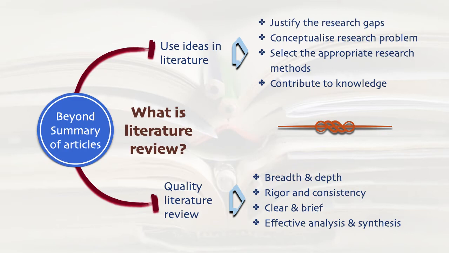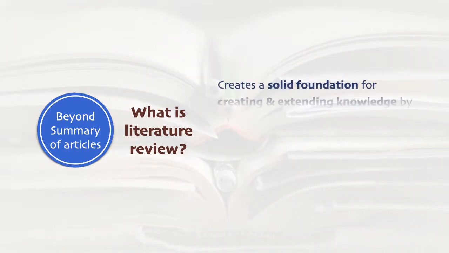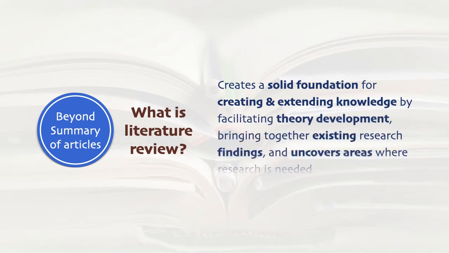Instead, the researcher should explain how one piece of research builds on another. In sum, an effective literature review is defined as one that creates a solid foundation for creating and extending knowledge by facilitating theory development, bringing together existing research findings, and uncovering areas where research is needed.